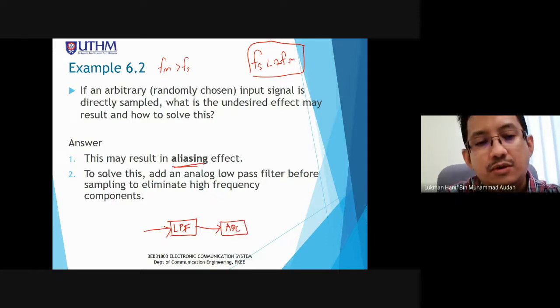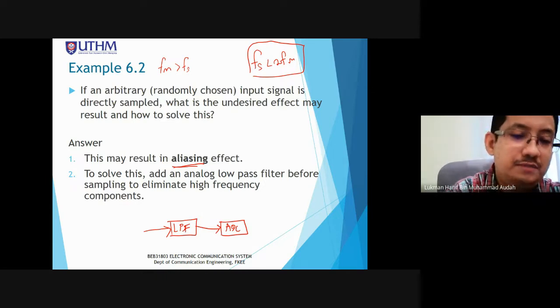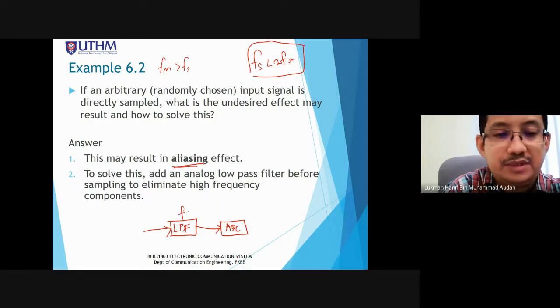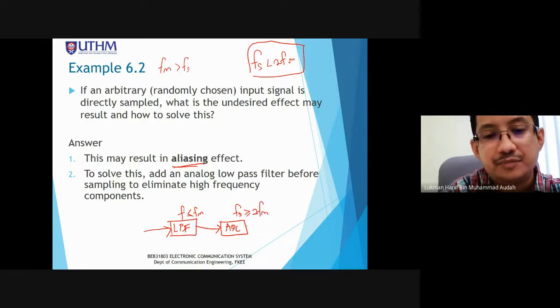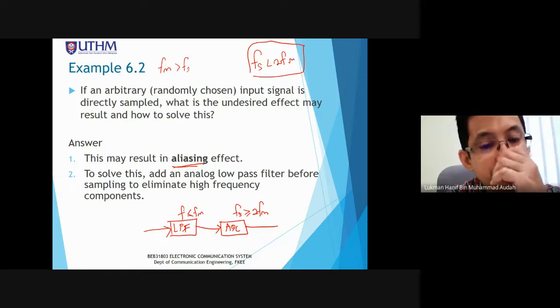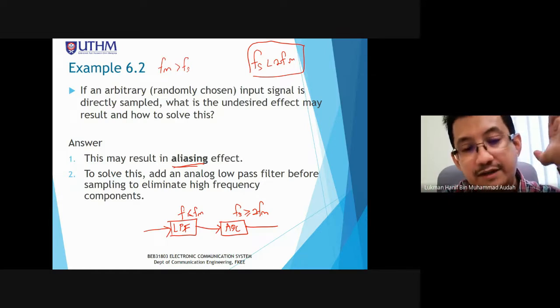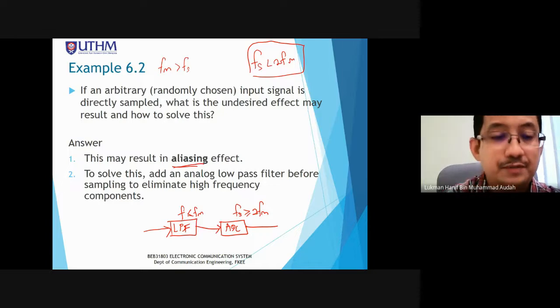So low pass filter means we control the input frequency, that means the frequency allowed must be less than or equal to a certain amount of input FM, so that this sampling can be more than or equal to 2 FM. Okay, adanya low pass filter, kita boleh sekat frekuensi yang besar pada input.